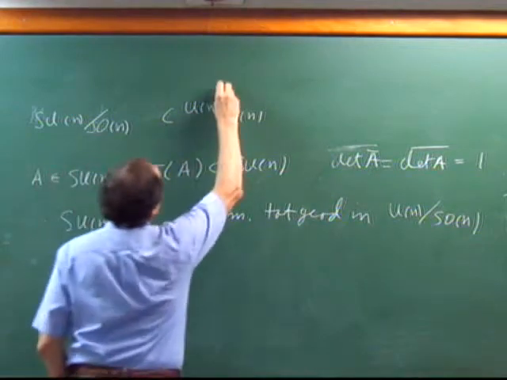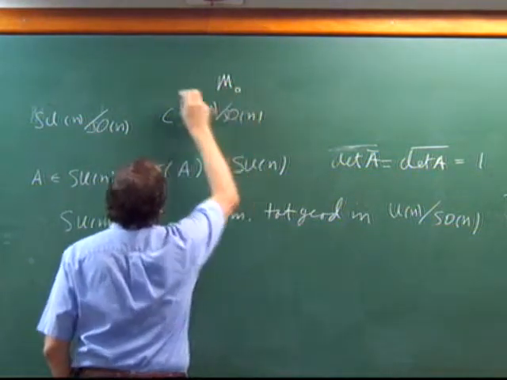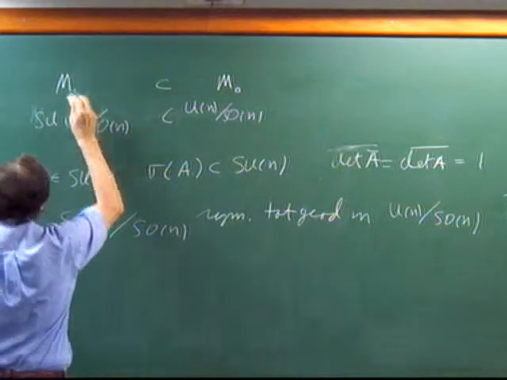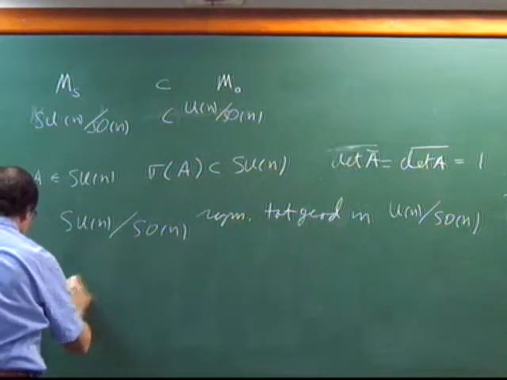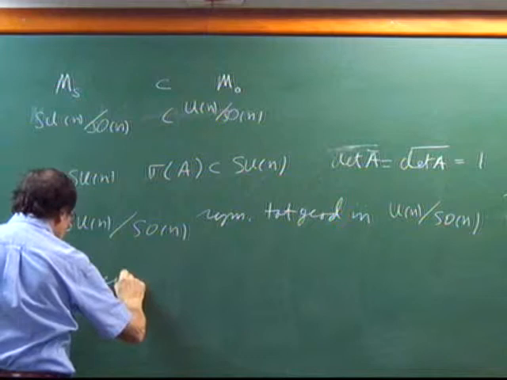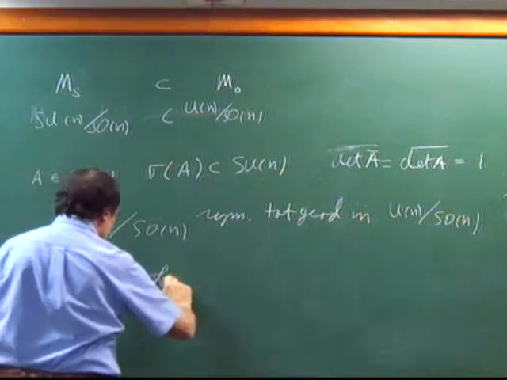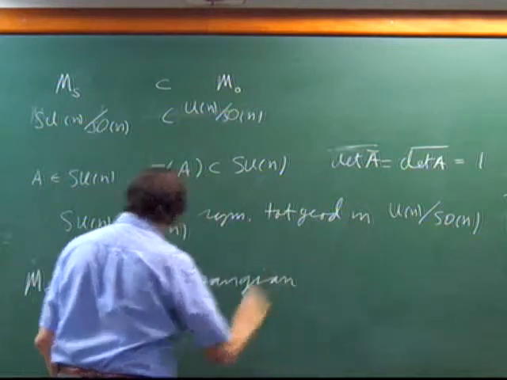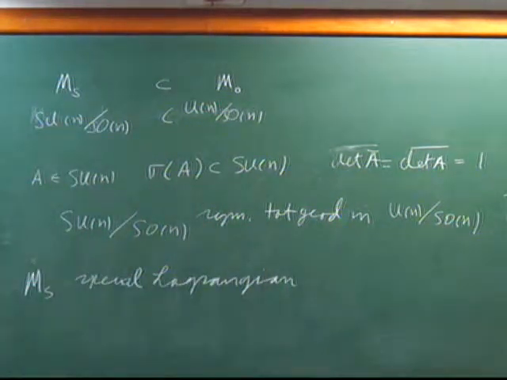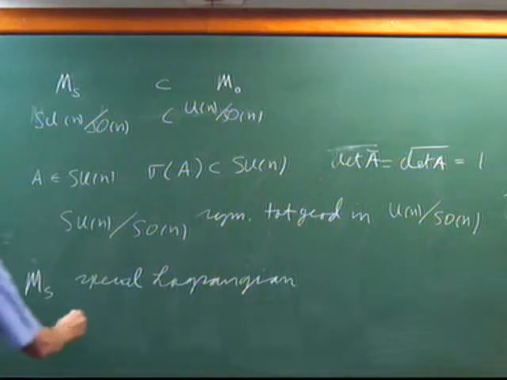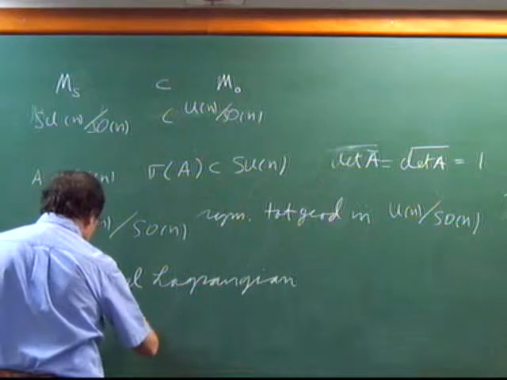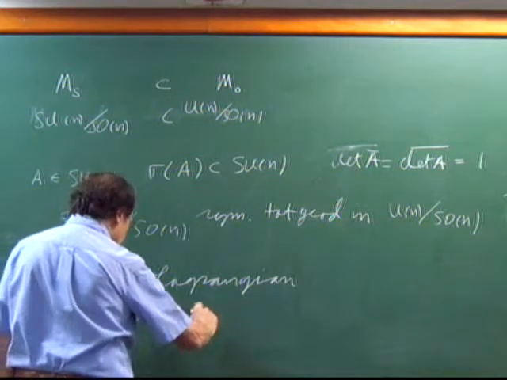So this is my set of all oriented Lagrangian subspaces. This here, I call it MS. MS are called special Lagrangian. And if I remember right, I should look that up maybe, they are the ones that preserve a complex volume form.